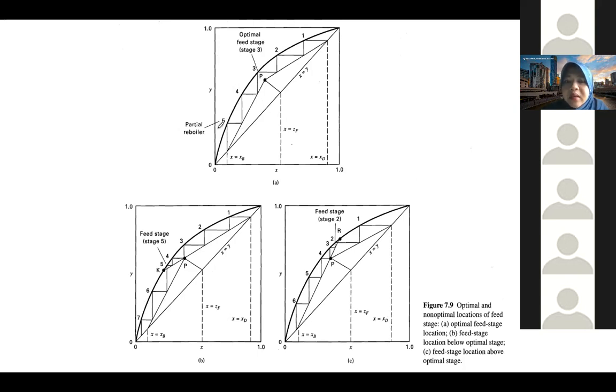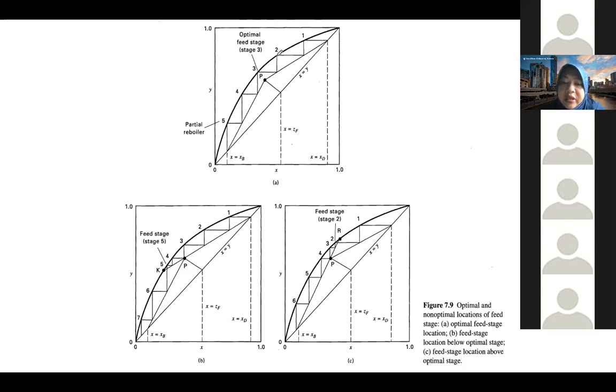This also happens if you put the feed stage too early, just above the optimal stage. For example, we put the feed stage in stage 2 instead of stage 3.